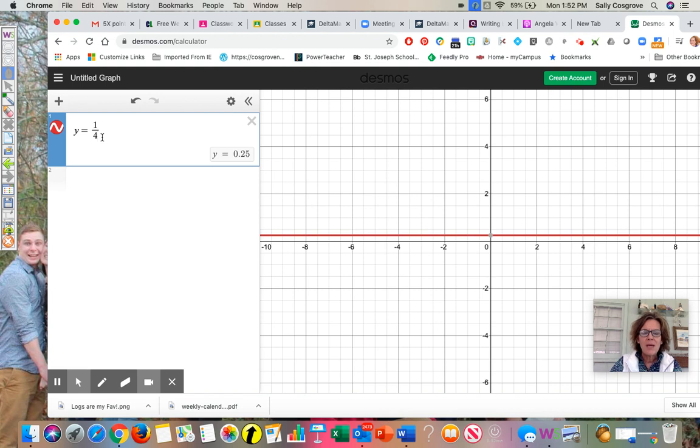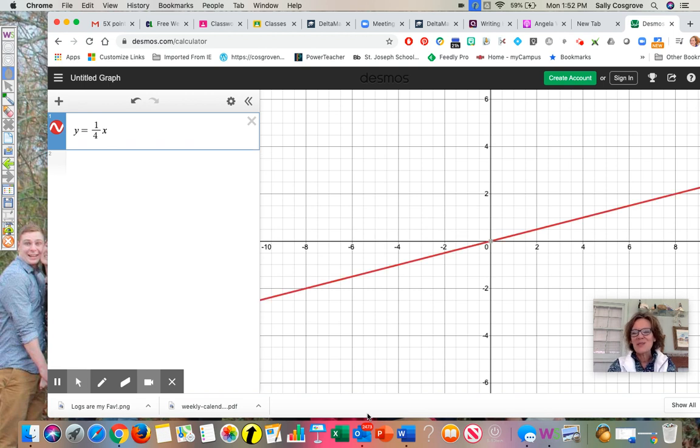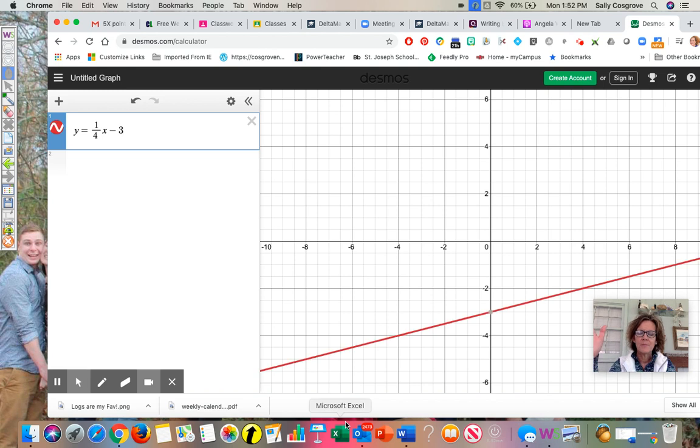Space isn't it. You need to use the right arrow key. Oh, and then we're out. So 1/4 x. I love how Desmos builds while we're writing the equation. All right, 1/4 x minus 3. Boom, and there is the graph of the line.